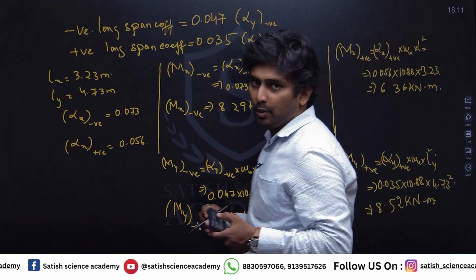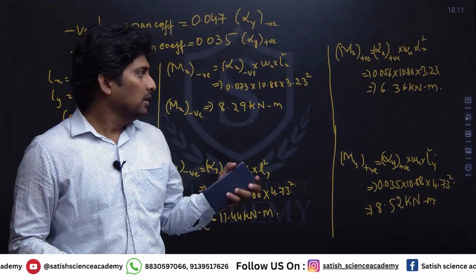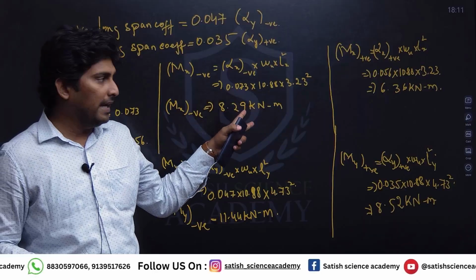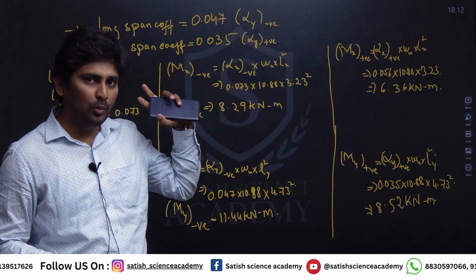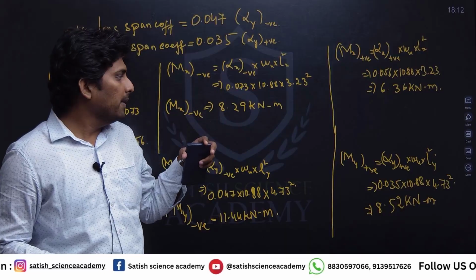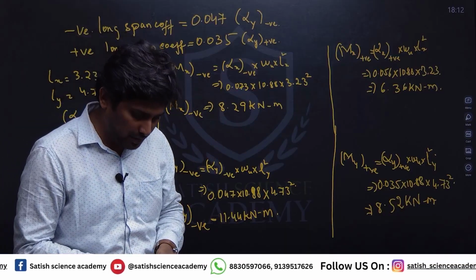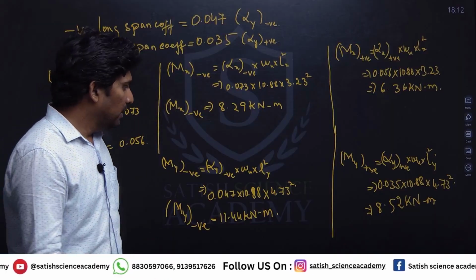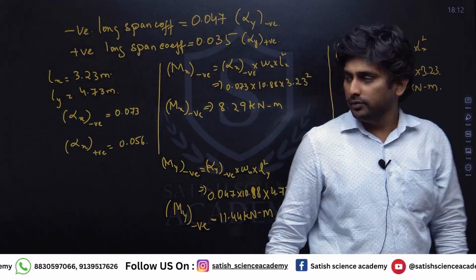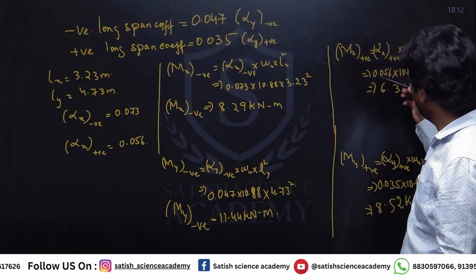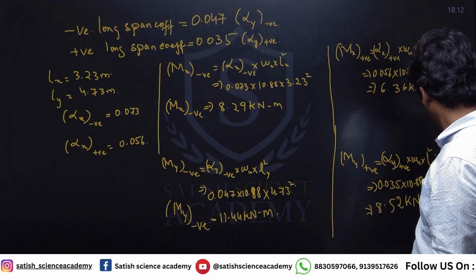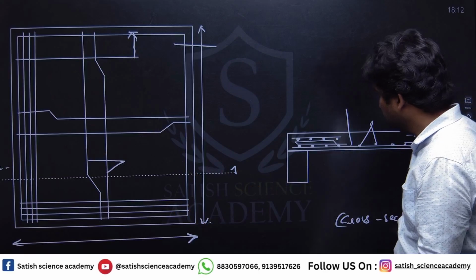Now you have got 4 moments. Now you have to select 2 moments, that is maximum of positive moments and maximum of negative moments, for AST calculations. Okay, so maximum of positive moments is 8.52, that is My positive.